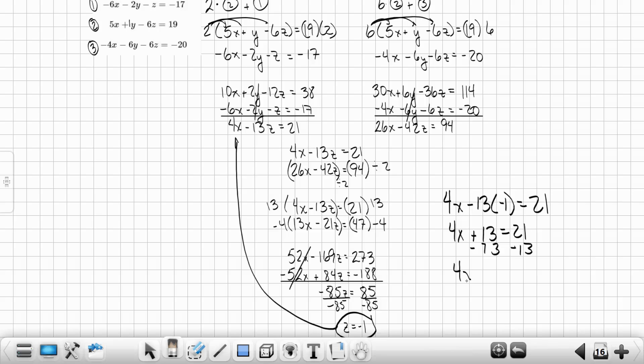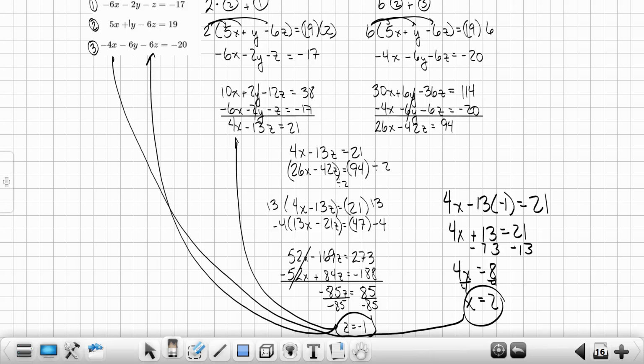And we have 4x equals 8, which means x equals 2 if I divide both sides by 4. Now that I have z equals negative 1 and x equals 2, I'm going to have to go back to one of my original equations, any one of them. I'm going to plug that in for z, and I'm going to plug that in for x.